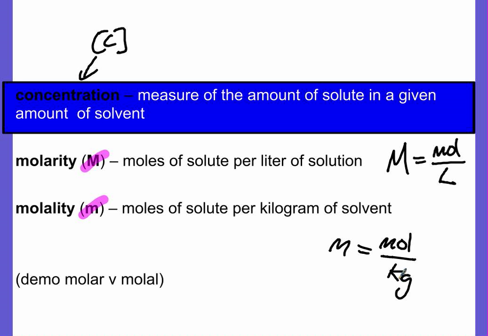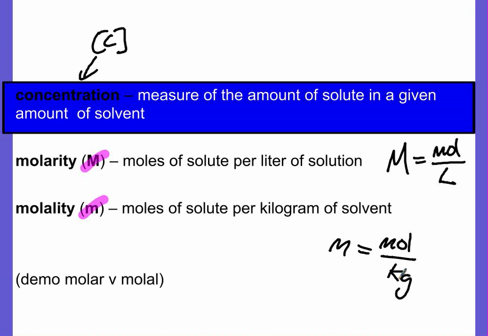Now, if you remember correctly, if that solution happens to be an aqueous solution, your solvent, that water, right, has a density of 1 gram per milliliter. So basically, a liter and a kilogram are the same thing when you're talking about water, which is why these two concentrations seem to be pretty similar, but the way that you actually make them is different.